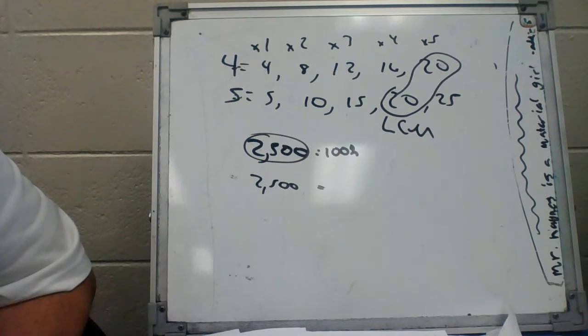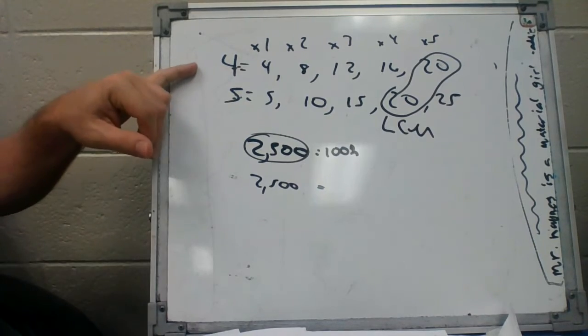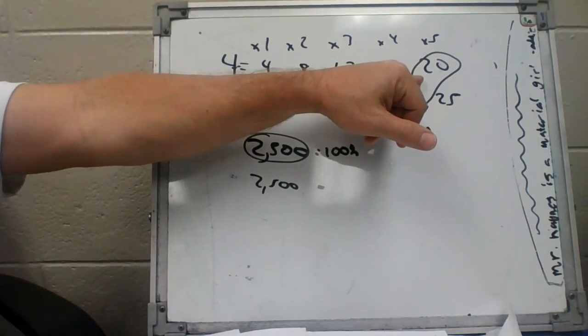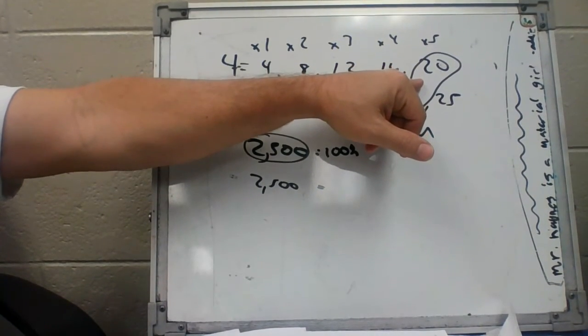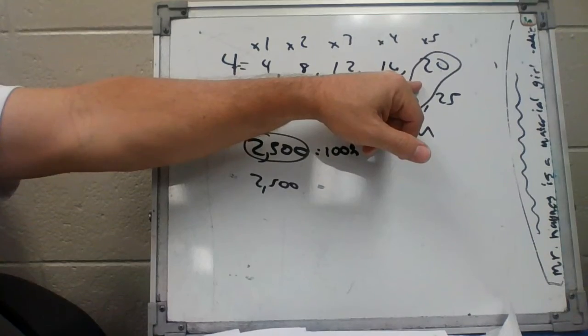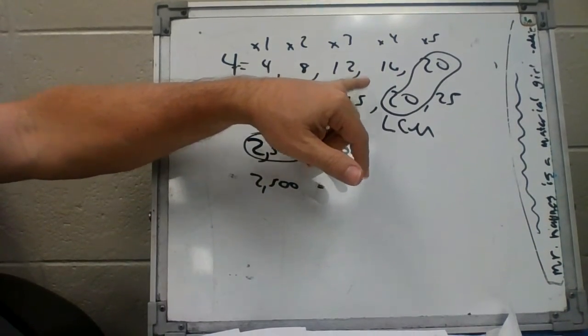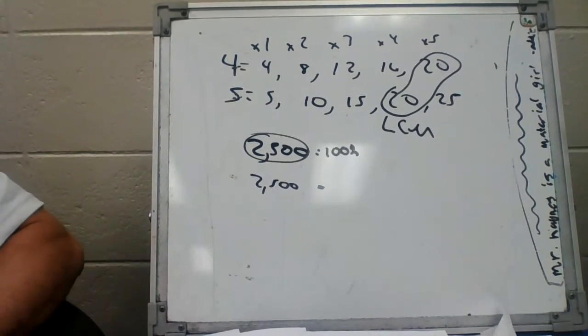Okay, so I don't understand what you did on A. It says list the multiples of 10 up to 100. So right here we listed the multiples of 4. You see what I'm saying? I don't understand what you did there, because they said list the multiples of 10 up to 100. So you should have something similar to that with 10, and then similar with 15 or whatever it says.